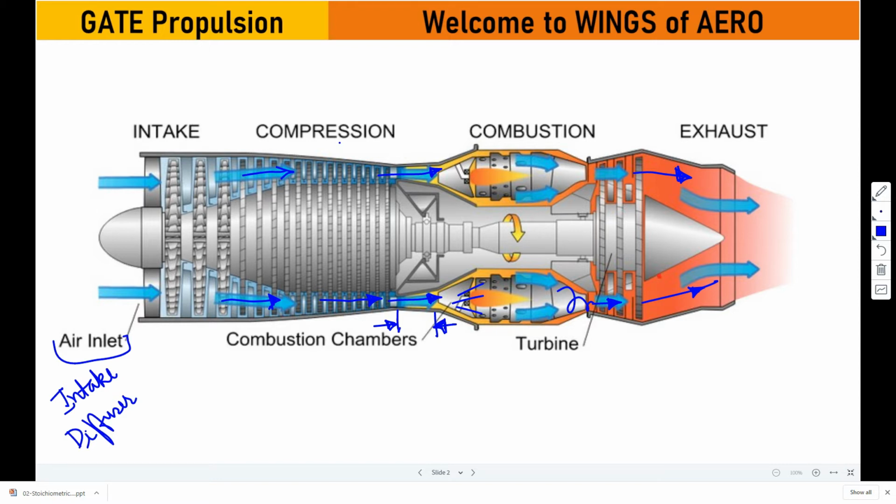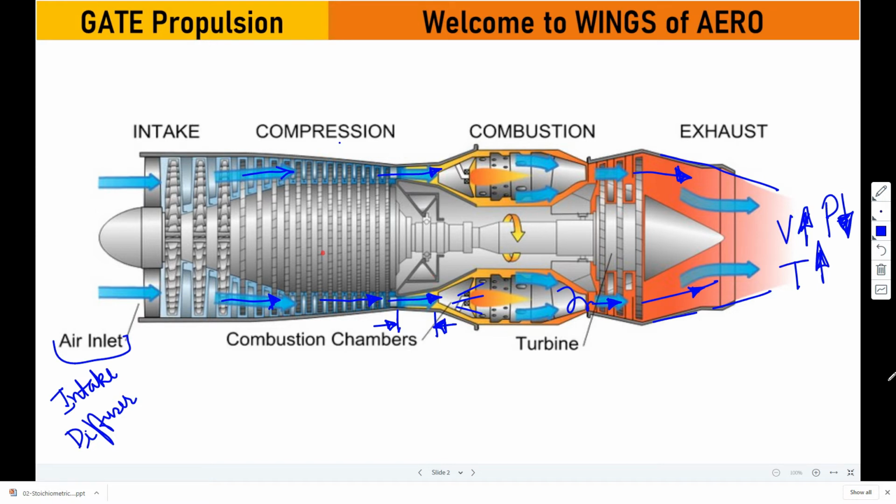If the Mach number is low, then obviously the nozzle duct has to be a converging type, because once we make it convergent, then only the exit velocity will increase. That means we will increase the thrust, and there will be less pressure loss.